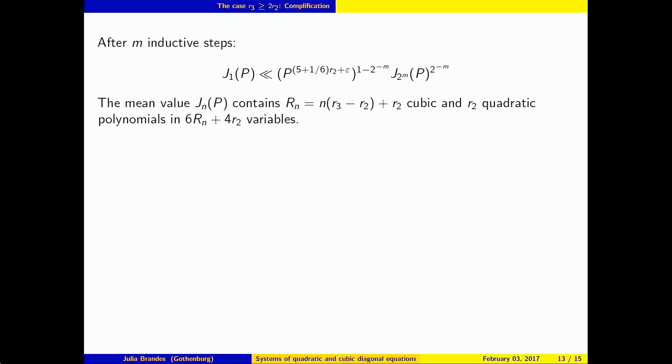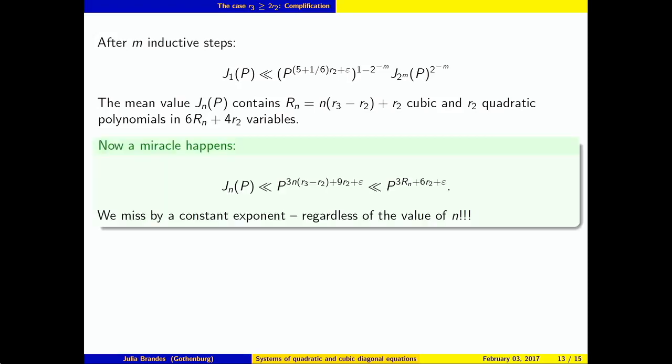And this guy contains a certain number of cubics and a certain number of quadratics and a certain number of variables, which all fit together. But the funny thing is that we can't really bound the number of solutions to this huge, horrible system. And we get something that looks like squared cancellation. Essentially we throw away the number of the quadratic ones, because we don't care any longer.